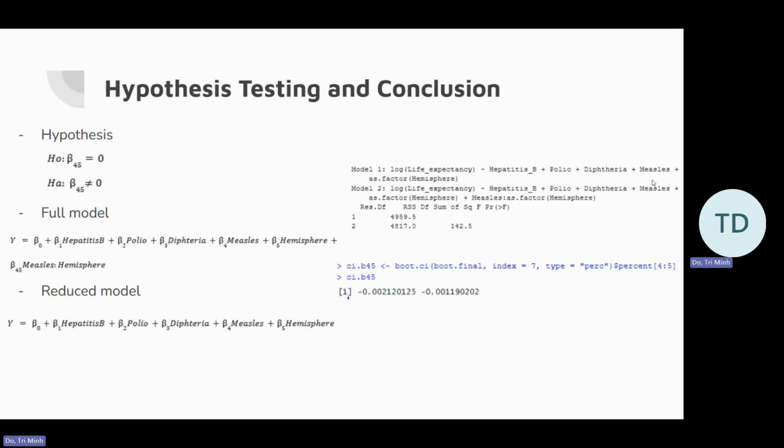Since the interval does not include 0, we can say that the interaction is significantly different from zero. However, given that the interval is so small and the existing assumption violations, we must interpret this with caution before making any causal claims.